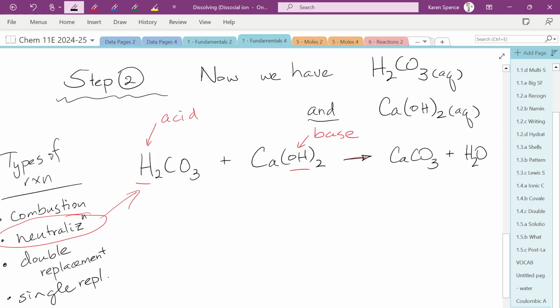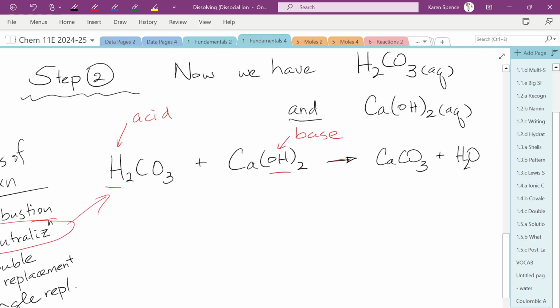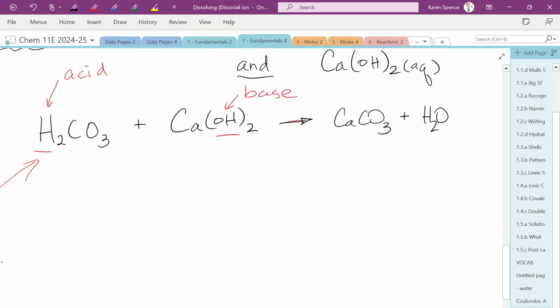Okay, now if you saw that and you're like, yes, excellent, I know that, that's wonderful. I'm going to give you just a little quick preview of a predicting product technique that works for double replacement and for neutralization. And it makes it really, really easy to predict the products. Basically, what you do is you write your ions and you say, I've got H plus and I've got CO3 2 minus.